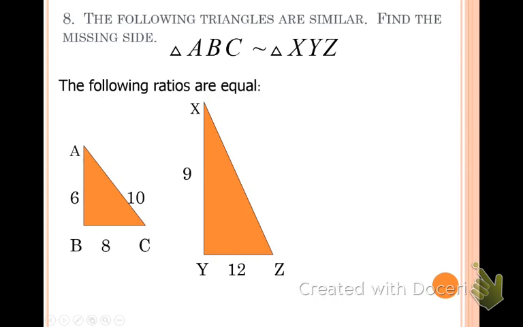Another is when we start talking about similar figures. Again, similar figures are figures that have the same shape, but not necessarily the same size, like these two triangles right here. These two triangles are similar. And so we talk about triangle ABC being similar to triangle XYZ.